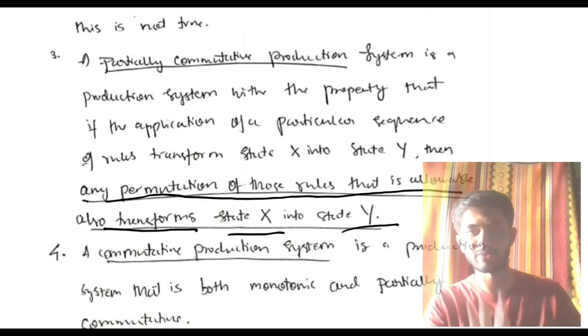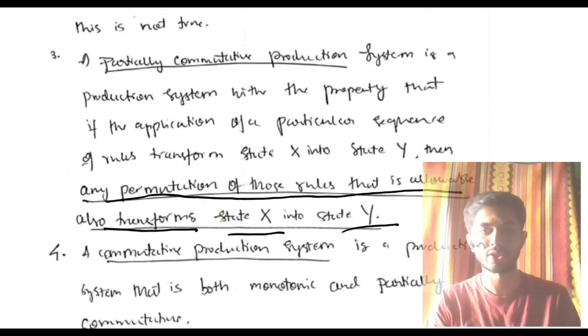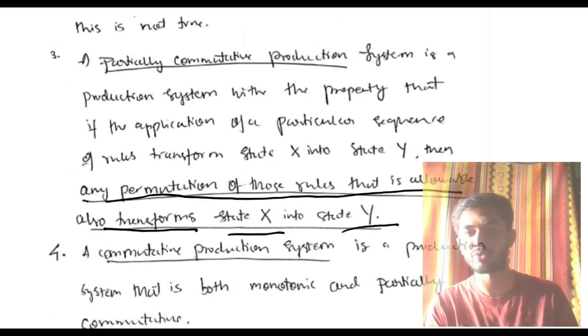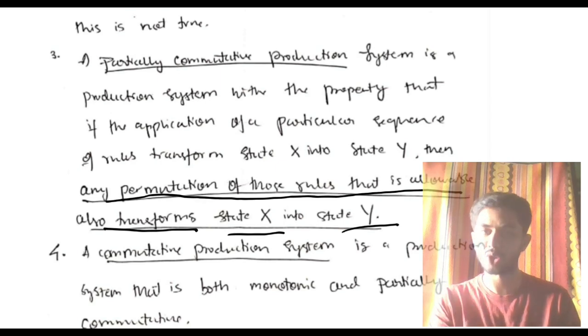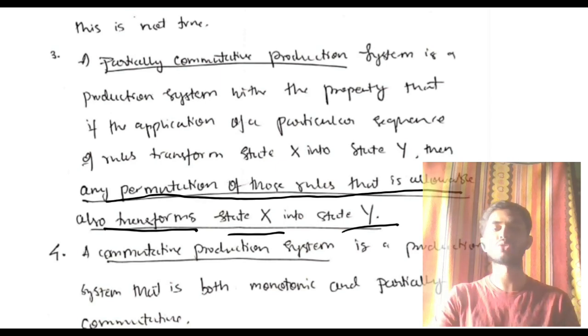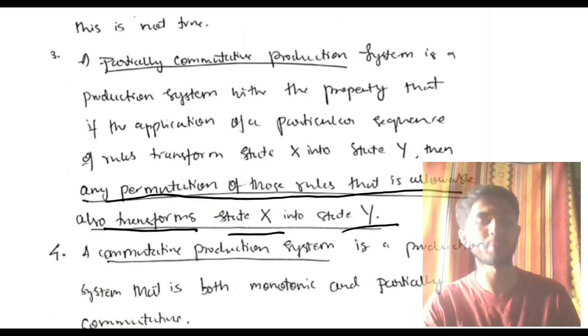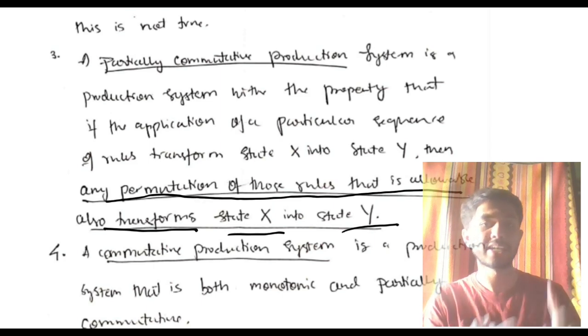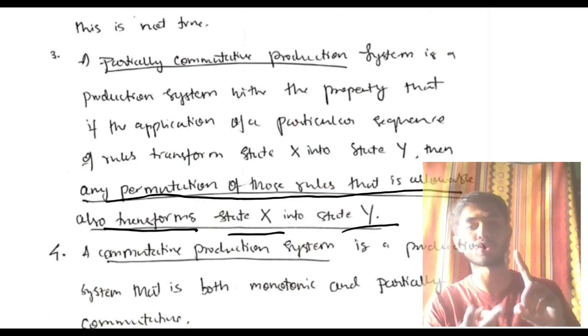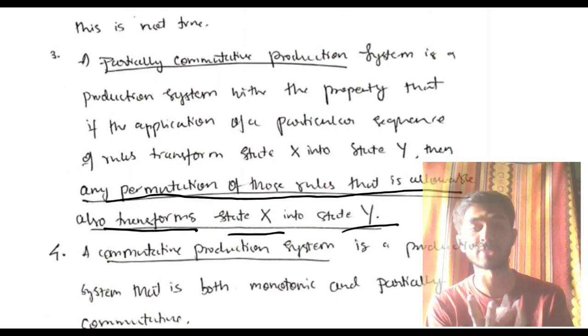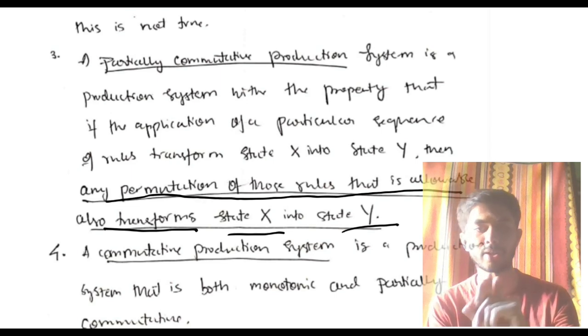Now I can give an example. If you have 7 friends, and the 7 friends have gone for a picnic, and you see an ice cream shop in front of you. Your friends say let's buy ice cream, and they send you to buy it, and they tell you their choices. Some want orange ice cream, some strawberry, some mango. Now these 3 things are in your mind, how many you have to buy.